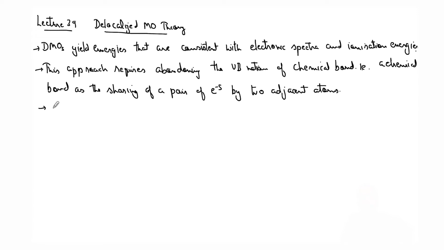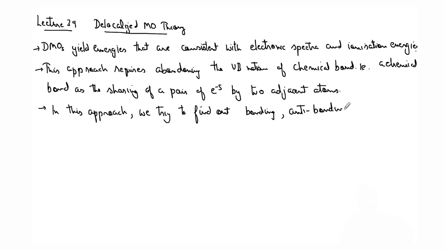So instead of the VB notion, in this approach we try to find out bonding, anti-bonding, and non-bonding orbitals. So the aim is still the same, that we need to find out bonding, anti-bonding, non-bonding orbitals.